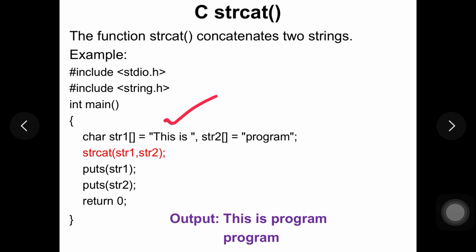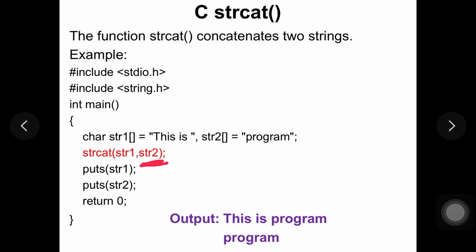String 1 has the value "this is", and string 2 has the value "program". In this statement, you are concatenating two strings, string 1 and string 2. The first one written here is str1 and the second is str2.